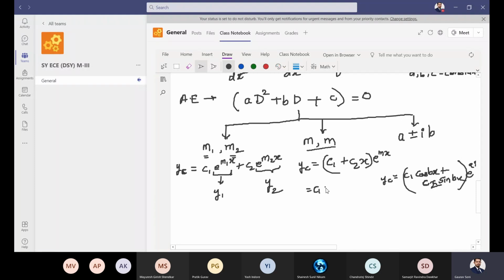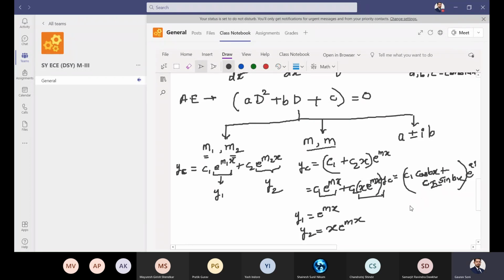This I can write as c1 e to the power mx plus c2 x e to the power mx. So y1 is equal to e to the power mx, and y2 is equal to x e to the power mx.